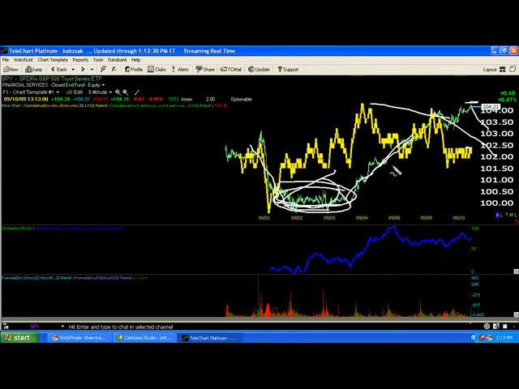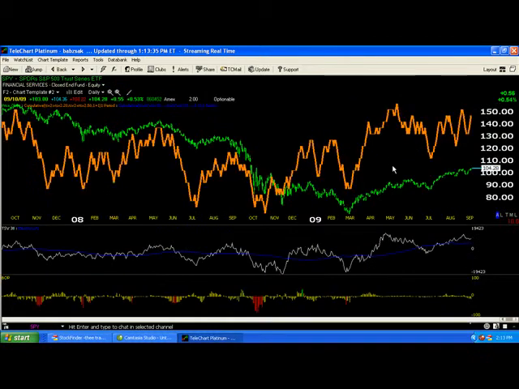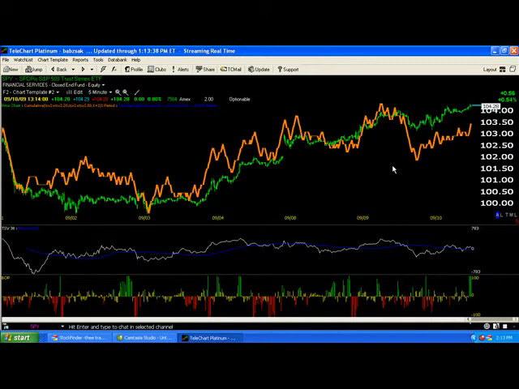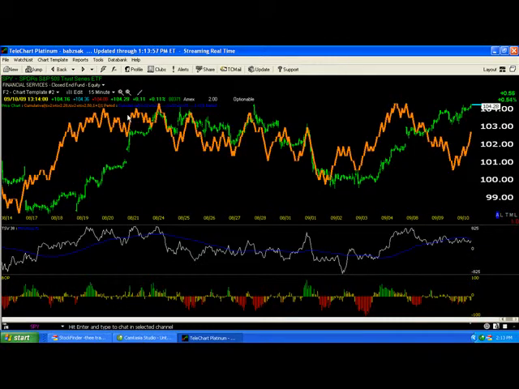We can look at all kinds of different time frames. I have different versions of this indicator that I use, and over here again we're seeing the same thing. We're seeing price making higher highs in green, the indicator failing to do so. This is on a 5-minute chart. If we go ahead and look at a 15-minute chart, again, like I showed you just a few minutes ago, price moving down, we make an equal set of lows, but at that point the indicator is moving up.